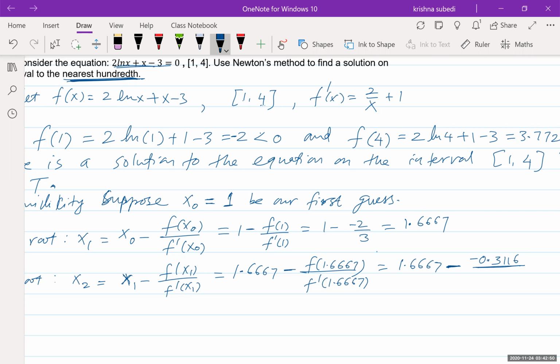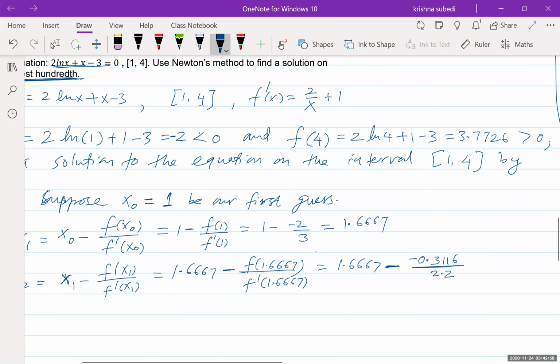And when I plug in this value in my derivative function, my calculator is giving me 2.2, but I want to verify that with you guys. And so let me calculate all of these, and my calculator is giving me 1.8083.